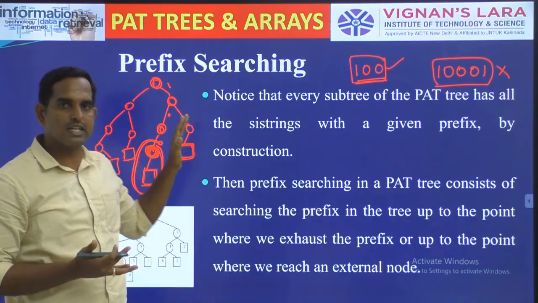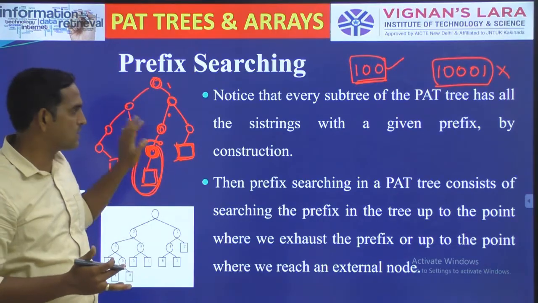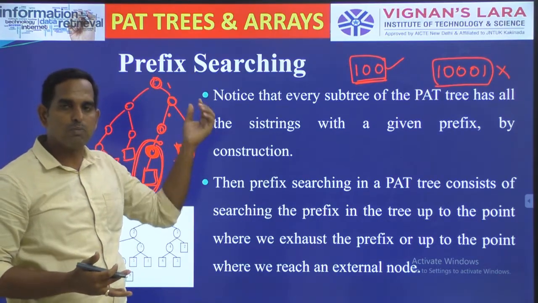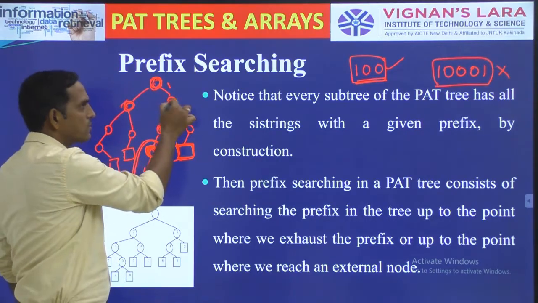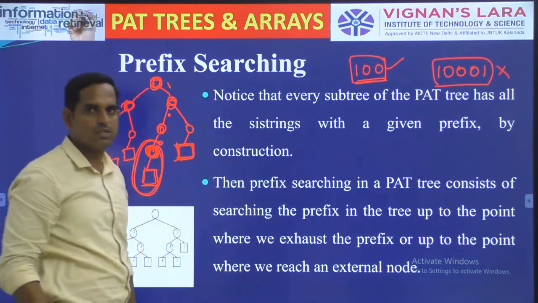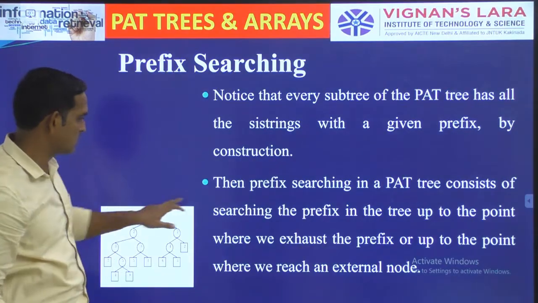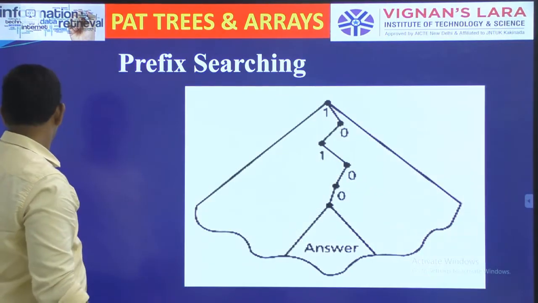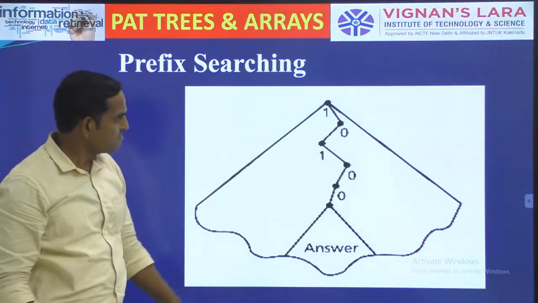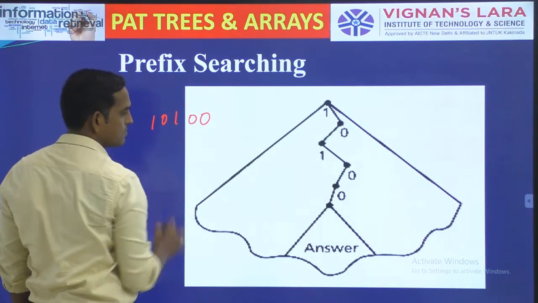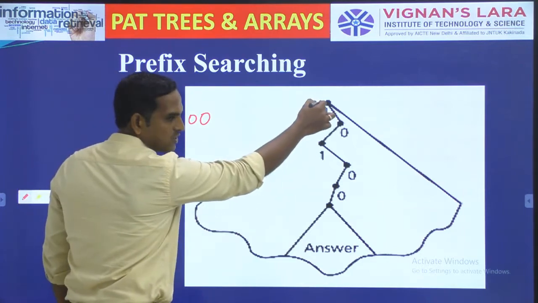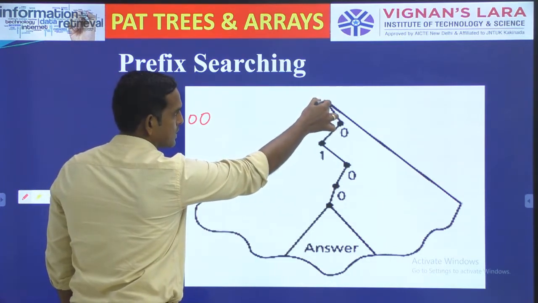Prefix searching in your path trees will be very easy if you see properly. It is about searching the nodes one by one based upon the prefix which you are trying to search. So if you are trying to search 10100, you will start at the root node.